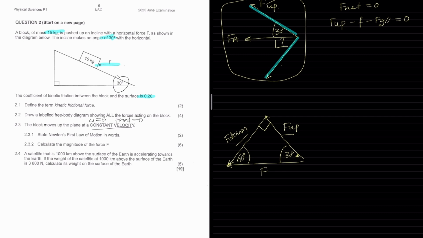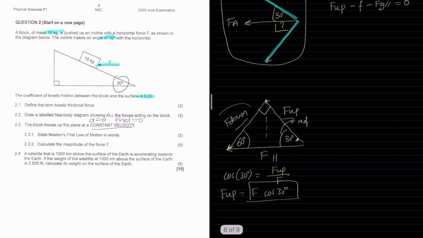So this is going to be the hypotenuse, and this is going to be adjacent. So I can say that cos of 30 degrees is equal to F up divided by F. So that means F up is going to equal F times cos 30. So this is obviously important.